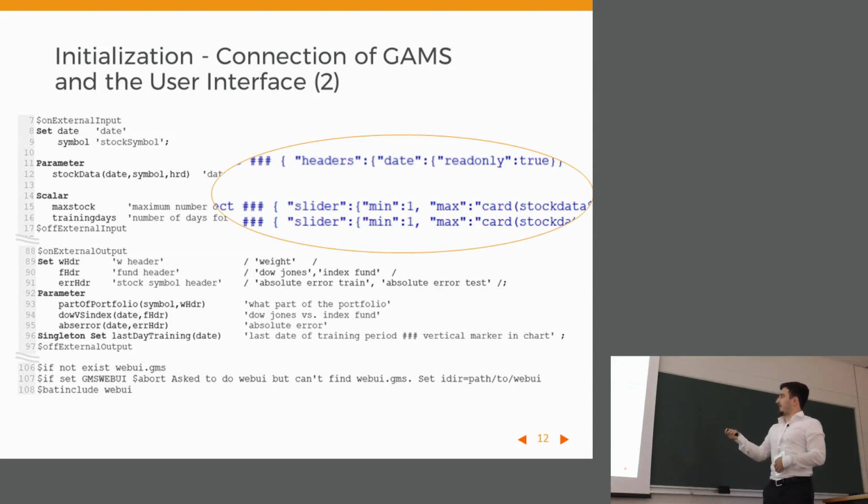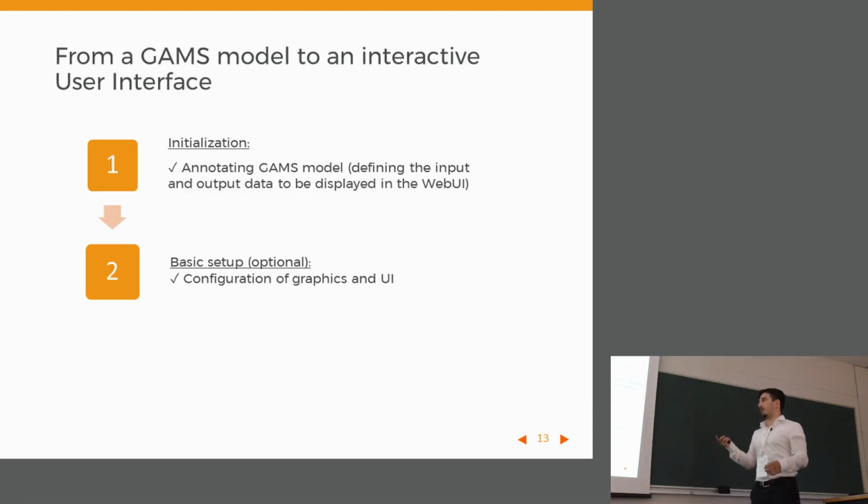This is just some basic JSON syntax that you can write within your model if you want to have a slider, drop down, date selector, or all kinds of those things.